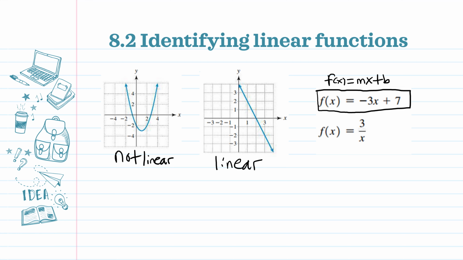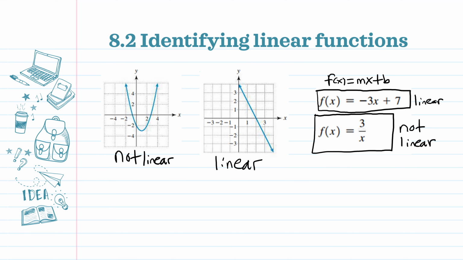So that means this is linear. For this function, f of x equals 3 over x, yes, this is a first degree term, but it's in the denominator. It's not in this form. So since x is in the denominator, that means it is not linear. Or you could just say non-linear, same thing.